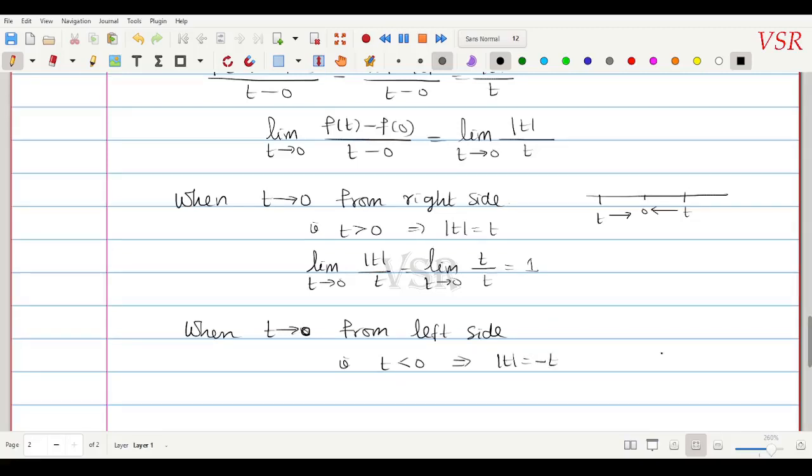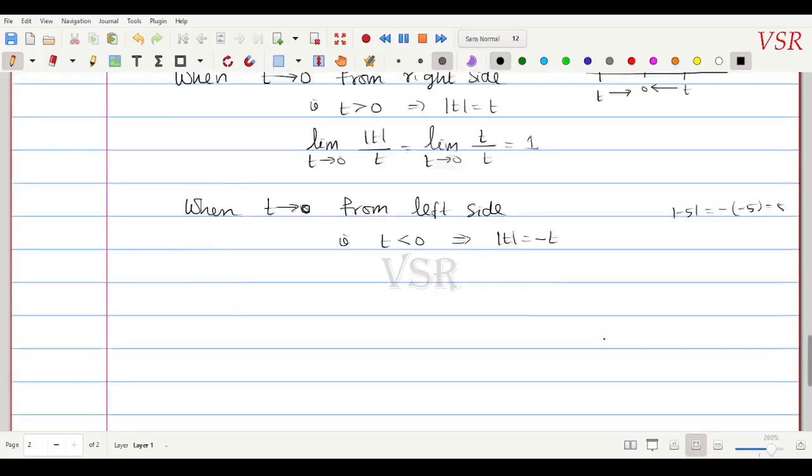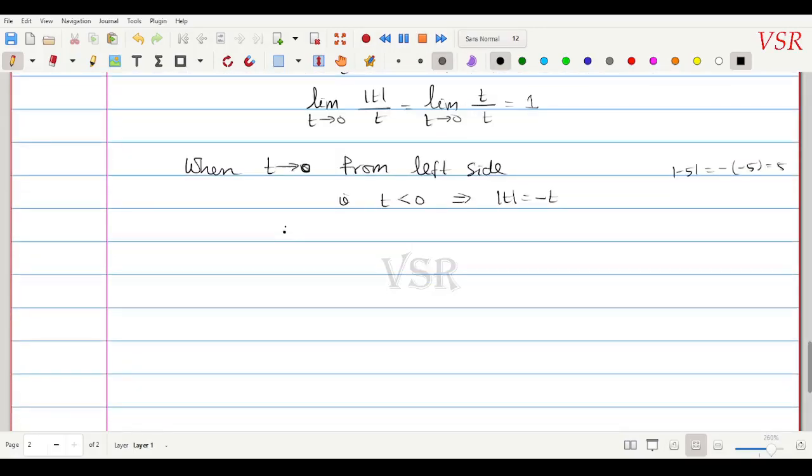For example, modulus of minus 5 equals minus of minus 5, which is 5. So the definition of mod t is minus t if t is negative. Then the limit as t tends to 0 of mod t divided by t is minus t divided by t, which equals minus 1.